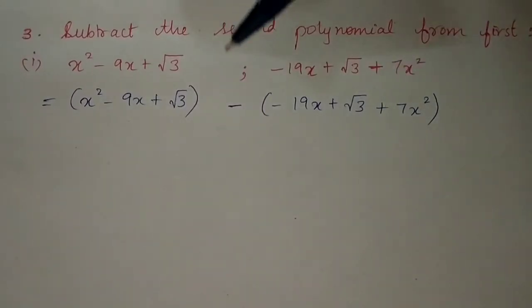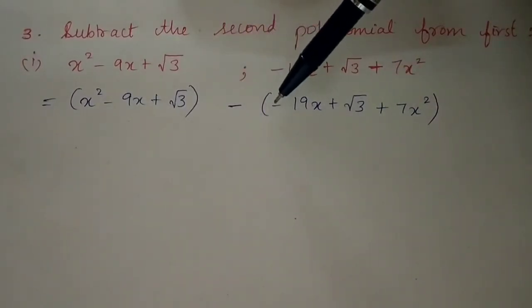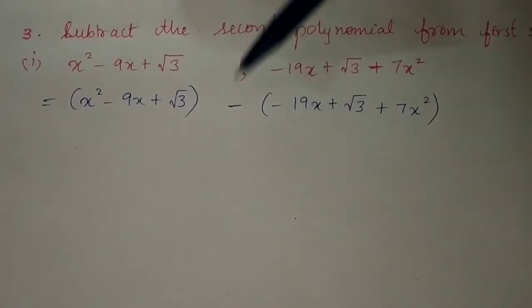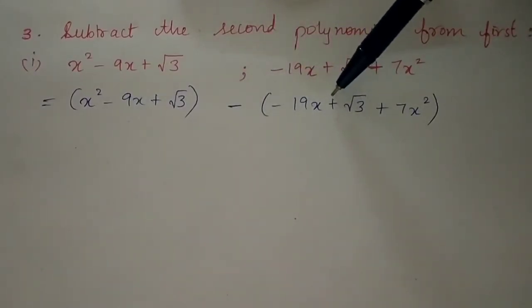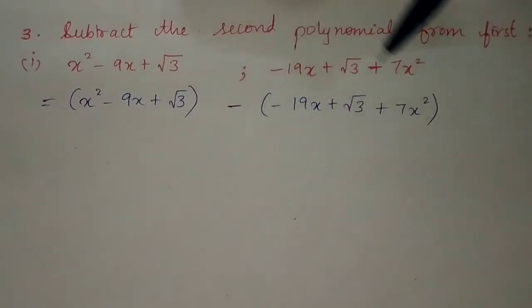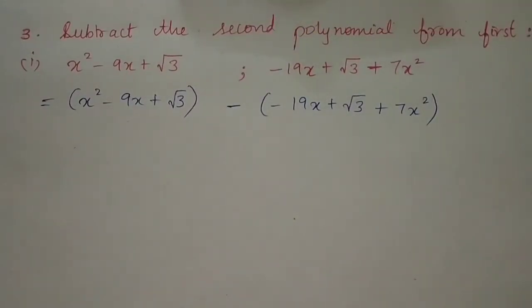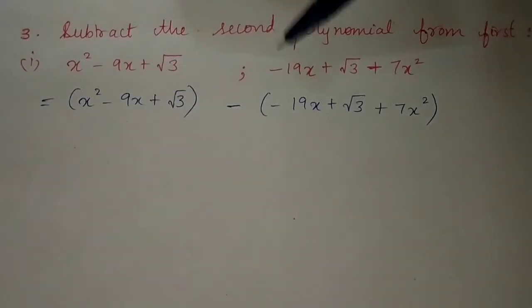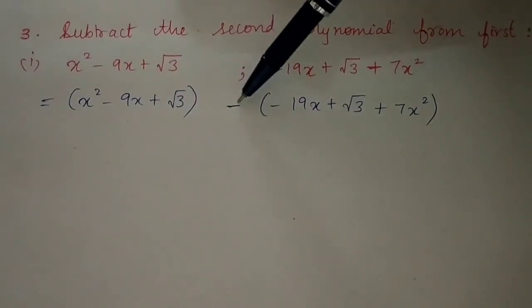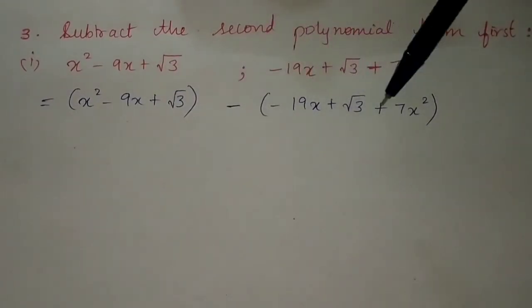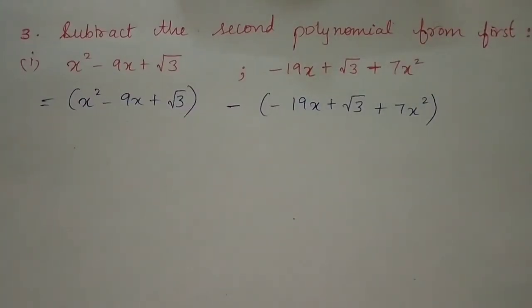Why? Because minus into minus is plus. So this will become plus. Minus into plus is minus, and minus into plus is minus. So in short, if you want to remember, because of this minus sign, all the signs inside the bracket will turn to the opposite signs.